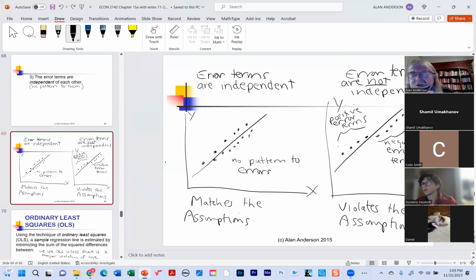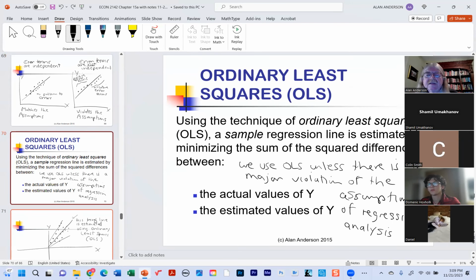Okay, now here's an issue we haven't addressed. What equation should we use to create this regression line? Well, there's different options that we have, but the one we're most likely to use, and we'll only use that in this class, is a technique called ordinary least squares. This is the one that's most commonly used.